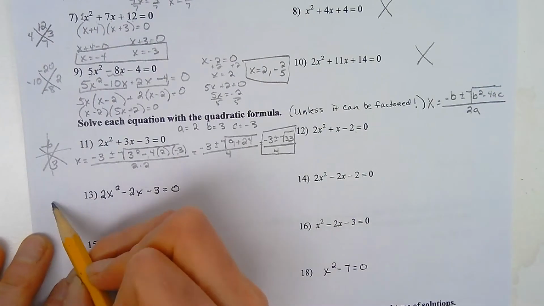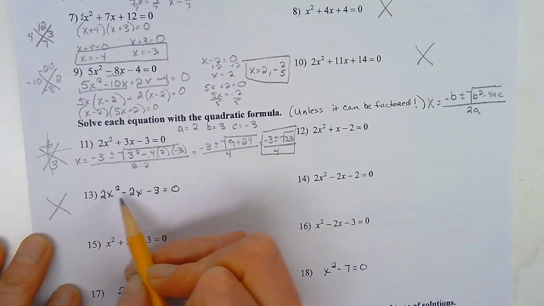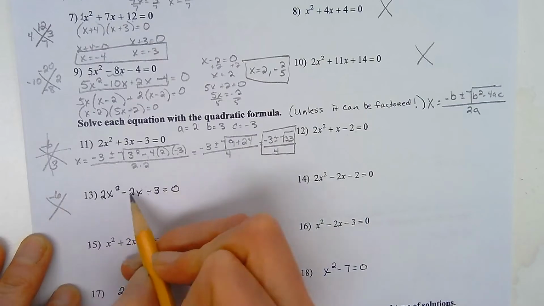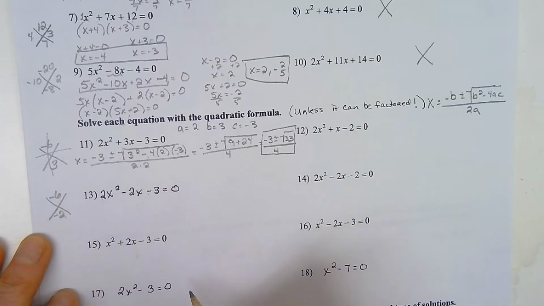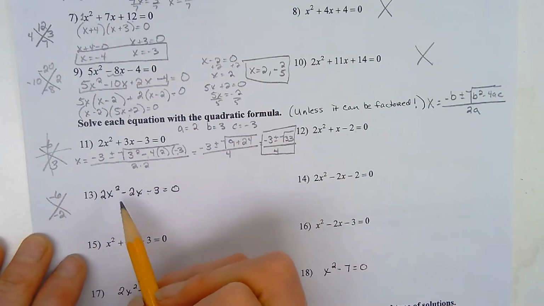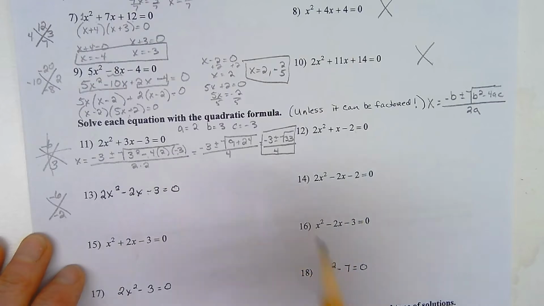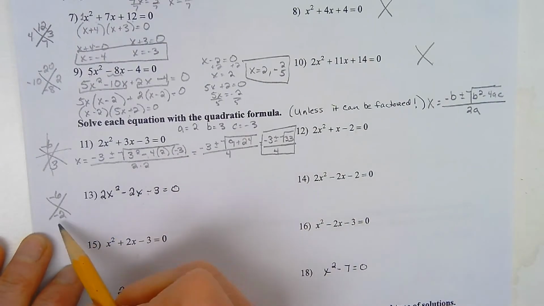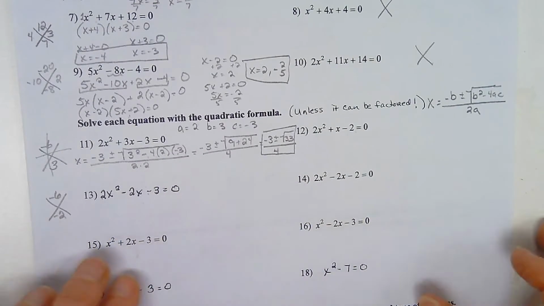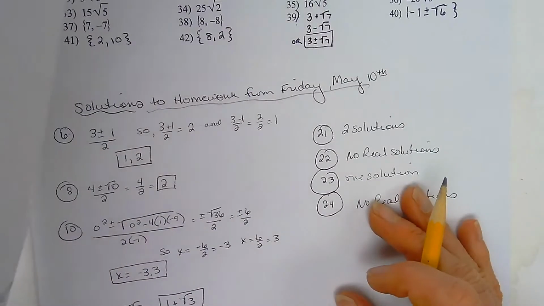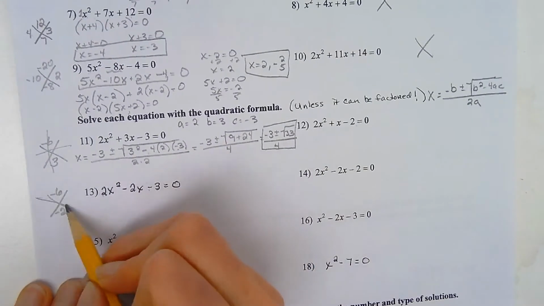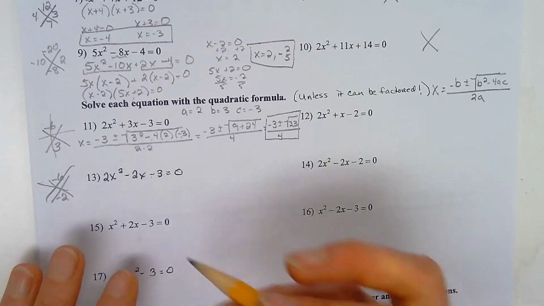Okay, 13. Let's see if this is factorable. 2 and negative 3 is negative 6, and then negative 2 down here. So I'm going to see, are there two numbers that multiply to negative 6 but add to negative 2? And I'm not seeing any. So I'm going to need to use the quadratic equation.